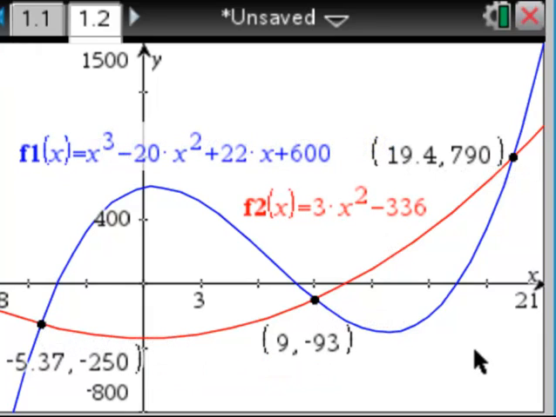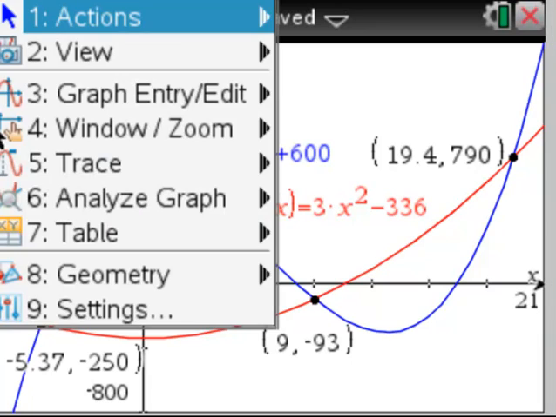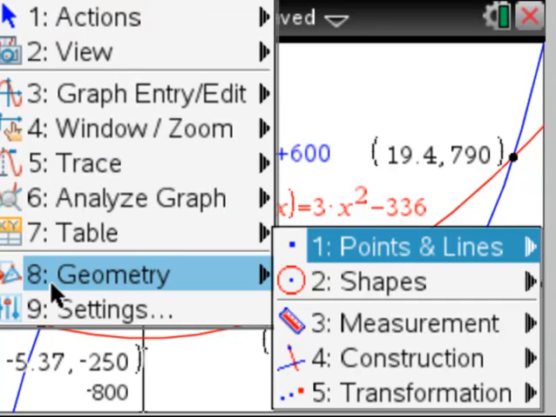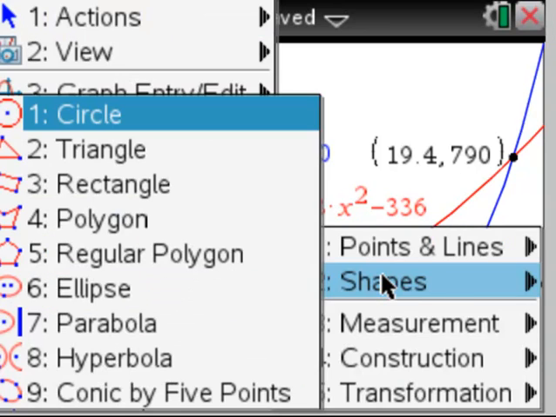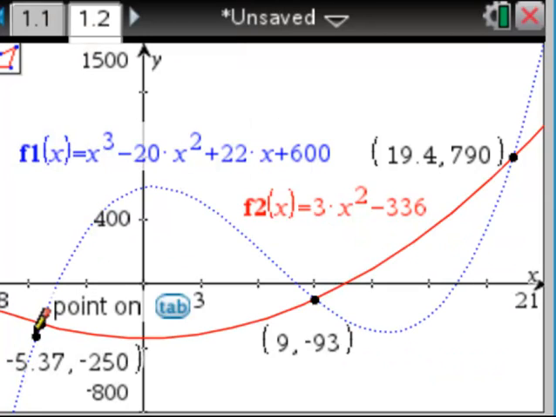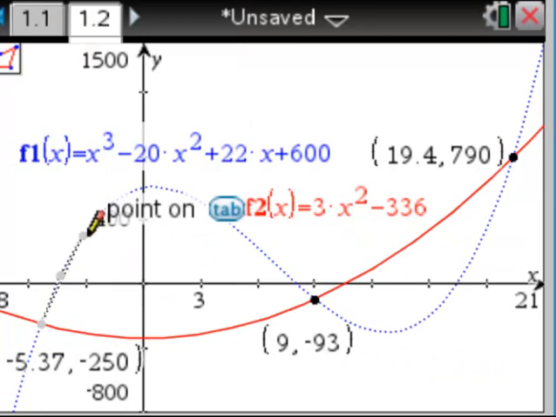Now I want the bounded region to be very clear, so it's time for some shading. A nice way to shade specific regions is to basically delineate with a polygon and then shade the polygon, and then remove the polygon that is temporarily used for shading. So for that, menu, geometry, shapes, polygon. Alright, here we go.